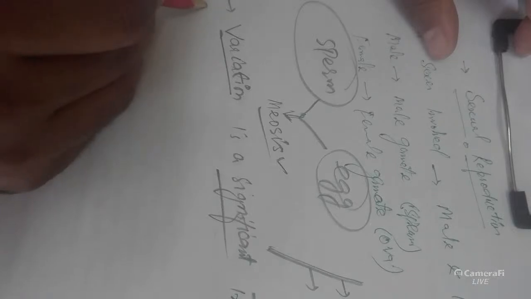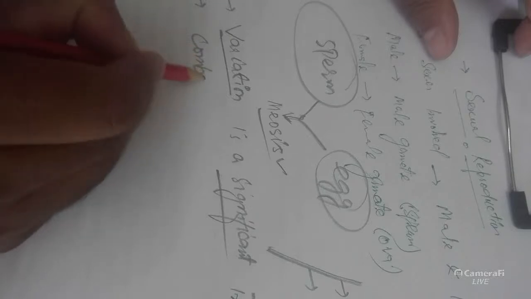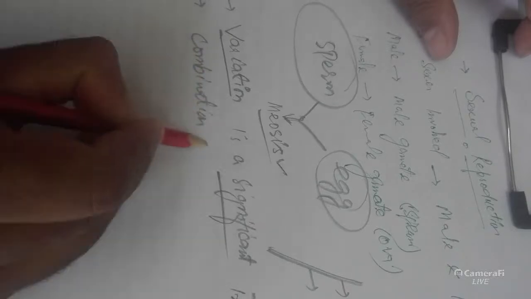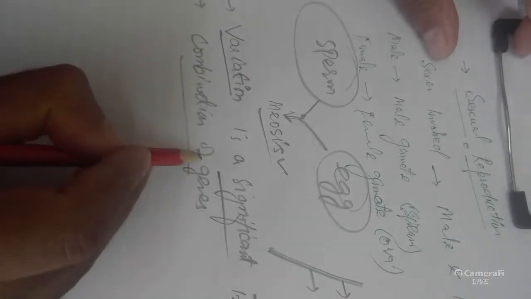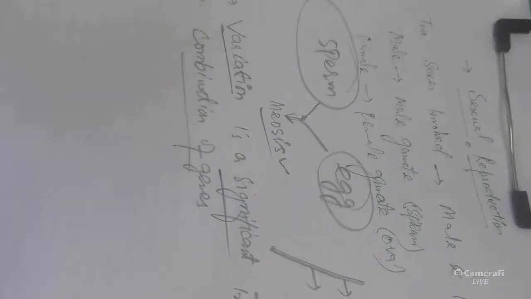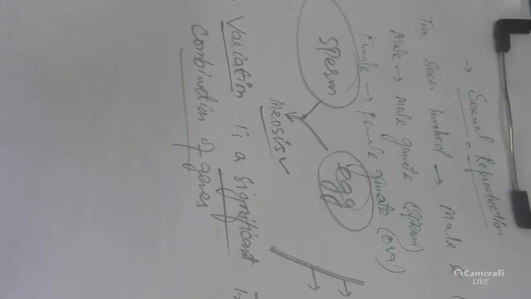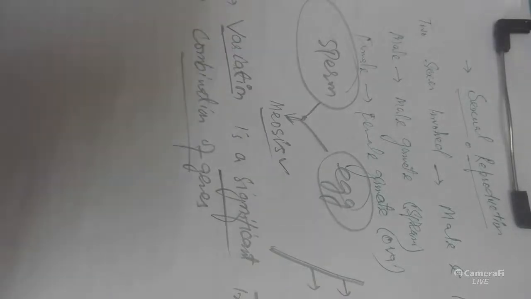The next thing is that a combination of genes takes place in sexual reproduction. How does this combination take place? It happens when the zygote forms.